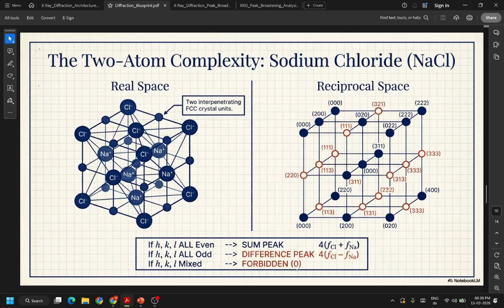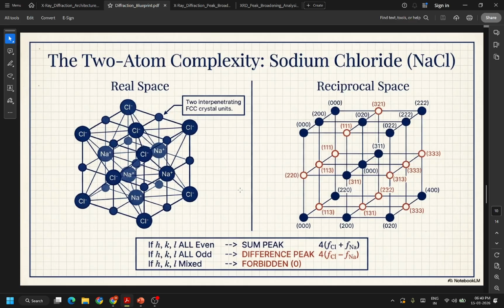Now in case of sodium chloride, NaCl, both the sodium and chloride individually form FCC lattices, and they are displaced by some amount within each other's lattices.